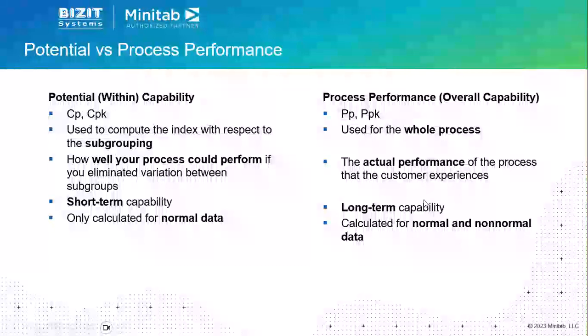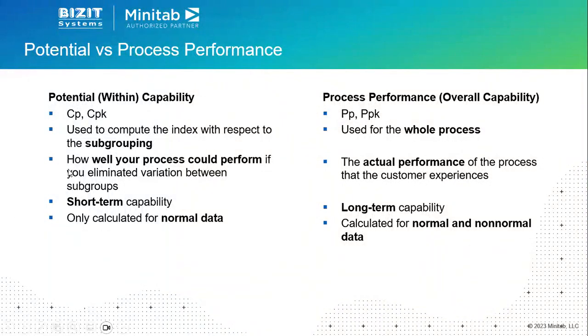Short term and long term here refer to how much data you have. If it is a smaller data set, you can look at CP and CPK. If you have a big data set, you can go for PP and PPK.